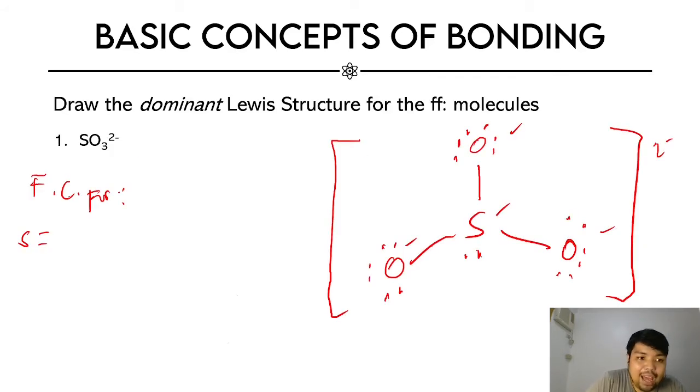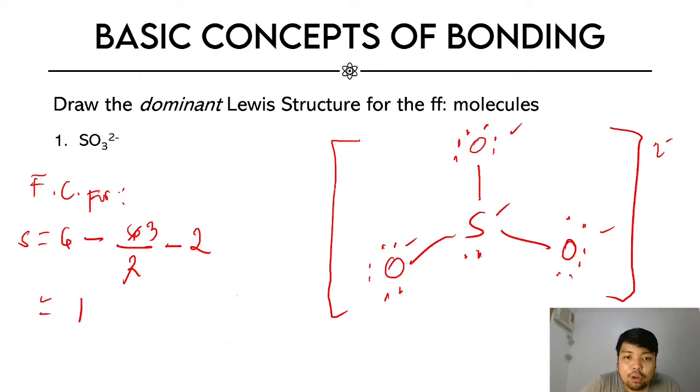So sulfur has obviously 6 valence electrons minus how many bonding electrons do we have? So 2, 4, 6. So that is 6 bonding electrons divided by 2 and minus the number of non-bonding electrons, which is 2. So we know that 6 divided by 2 is equal to 3. So 6 minus 3 minus 2, that is equal to 1. So therefore, the formal charge of sulfur is positive 1.